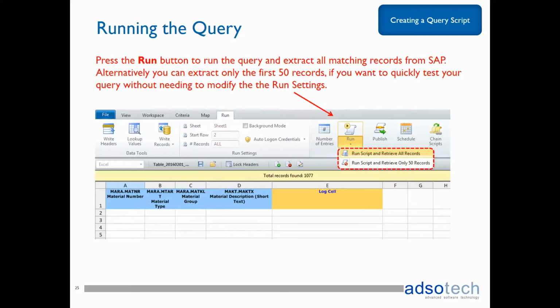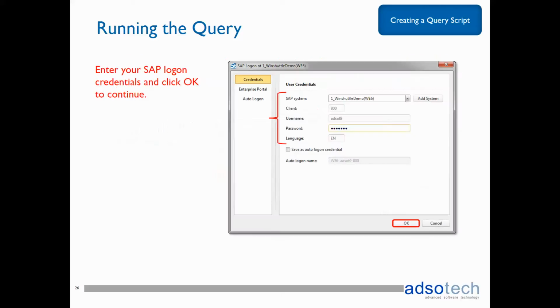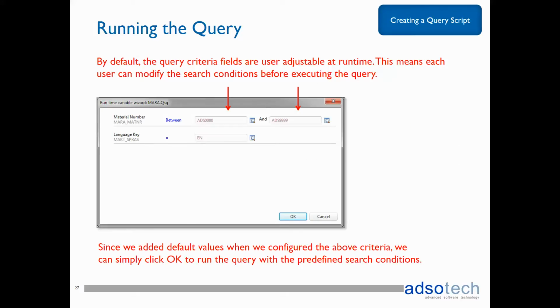Once the run settings have been configured, press the Run button to execute the query. Again, you'll get prompted to select the SAP system and provide your SAP credentials. After which, the runtime variable wizard screen will show up.